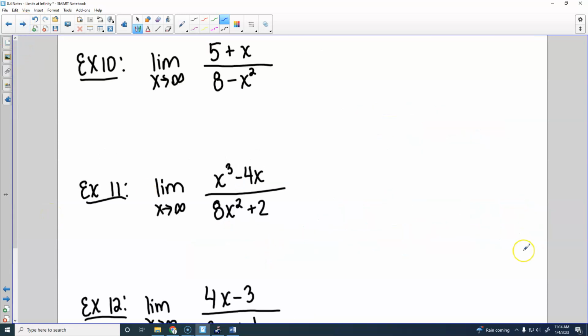Let's try some more. All right. So, for example 10, I said to divide every term by the biggest degree variable from the denominator. What is that for this problem? X squared. It's not always x squared, but it is a lot of times. So we're dividing everything by x squared.